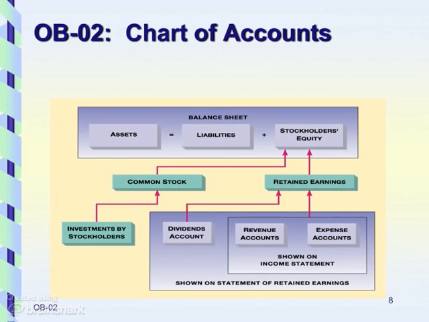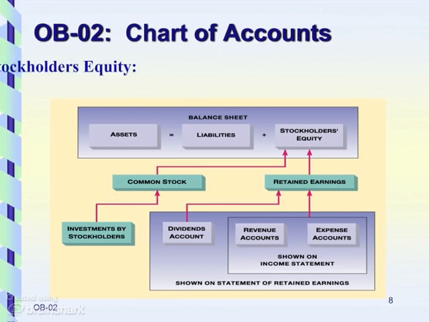Let's spend a little bit more time focusing on our basic accounting equation. If we look at our basic accounting equation, we see that our assets equal our liabilities plus stockholders' equity. We've known this since the first semester.